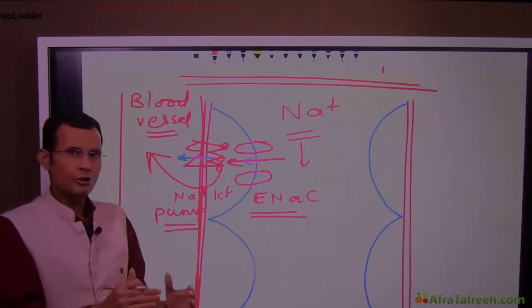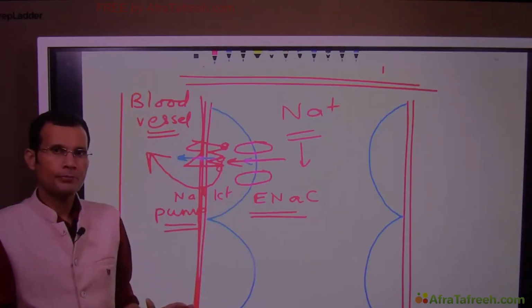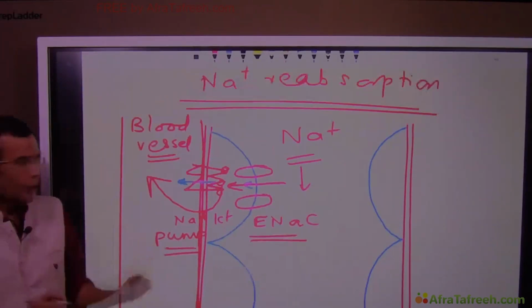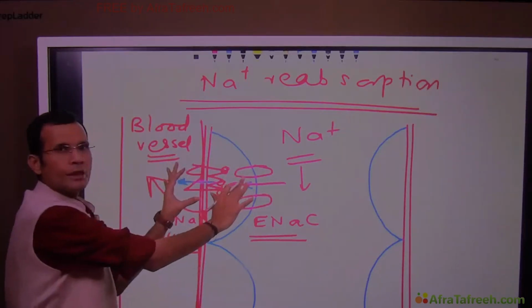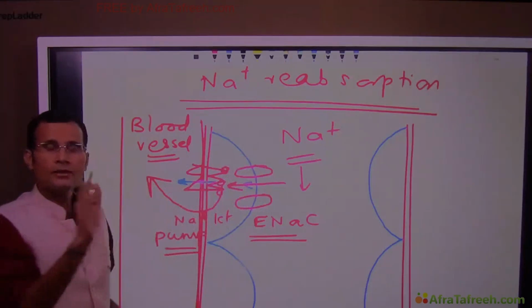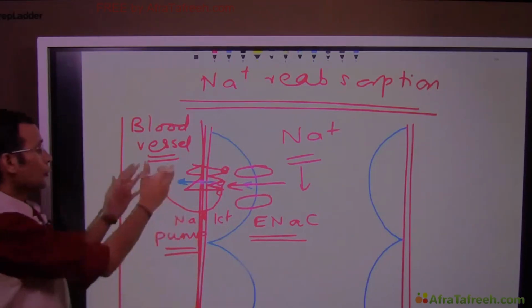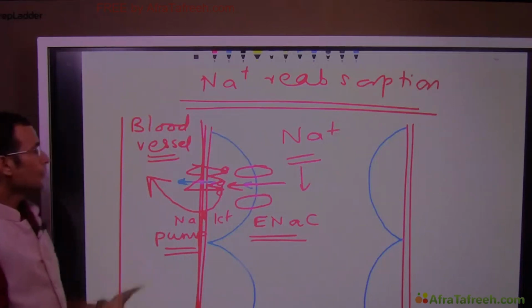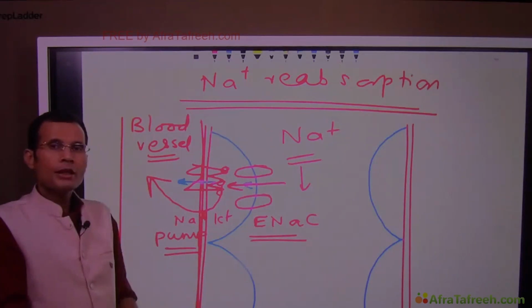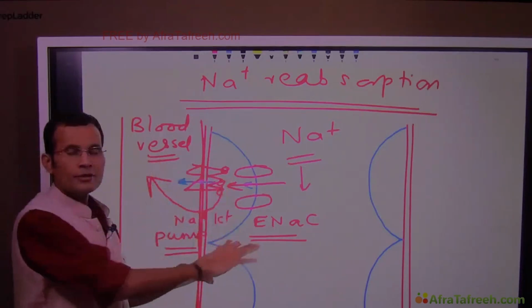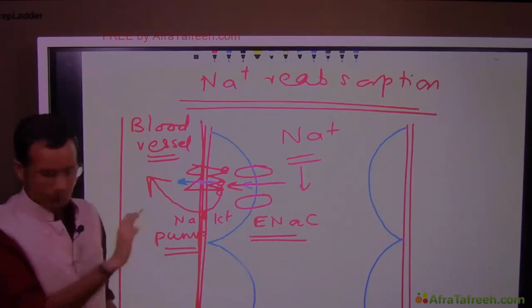Now, aldosterone increases the sodium reabsorption. Okay? How? Aldosterone will act on both these proteins. Look, ENaC is a channel protein. It's a protein-based structure. The sodium potassium pump also is a protein. So, when aldosterone begins to act, it will see to it that these proteins stay for longer duration or their numbers increase. See how?